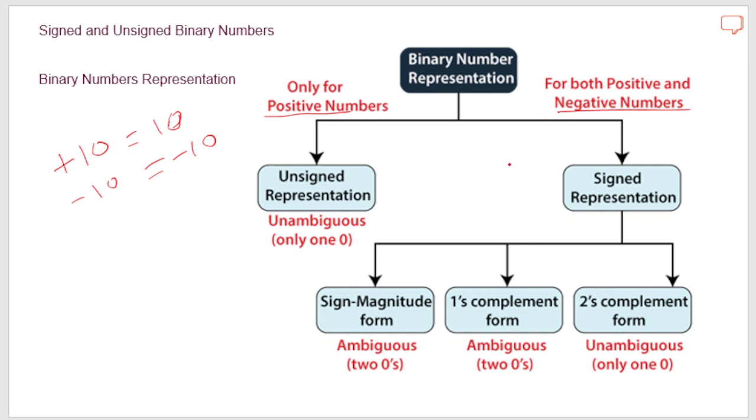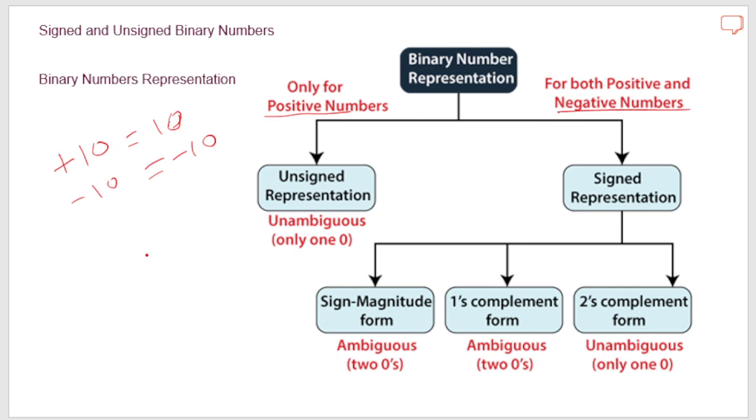Our computer can understand only the 0-1 language. The binary numbers are represented in both ways, that is signed and unsigned. The positive numbers are represented in both ways, signed and unsigned, but the negative numbers can only be described in a signed way. The difference is that unsigned numbers do not use any sign bit for positive and negative number identification, but signed numbers do.